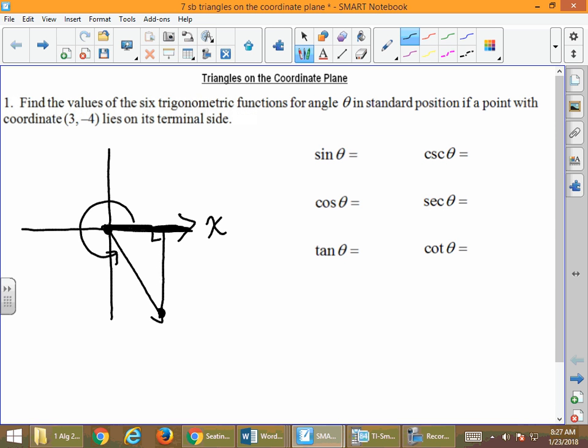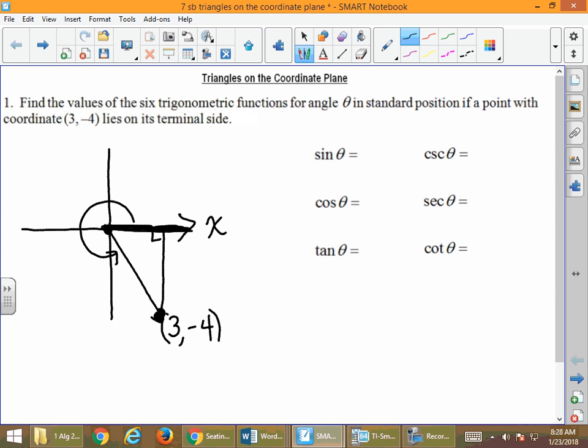I'm sorry, the board's just a teeny bit disoriented. But remember this point right here. How did I get that point? Well, I went over 3 spaces to the right, and then went down 4. So this point here is 3, -4. In other words, we can label the sides of the triangle with those values.